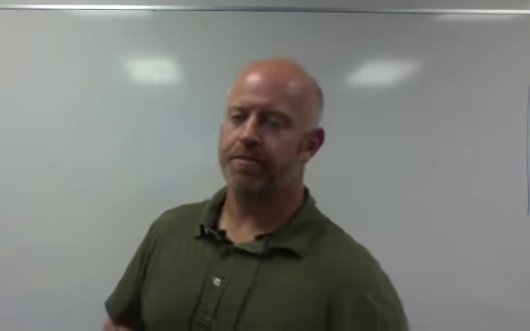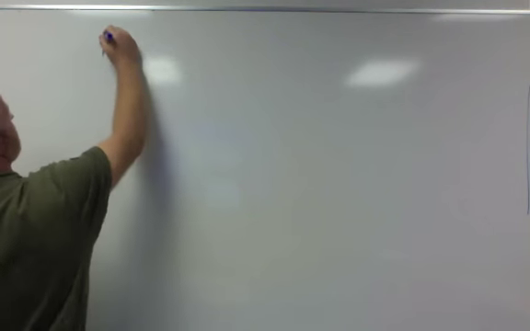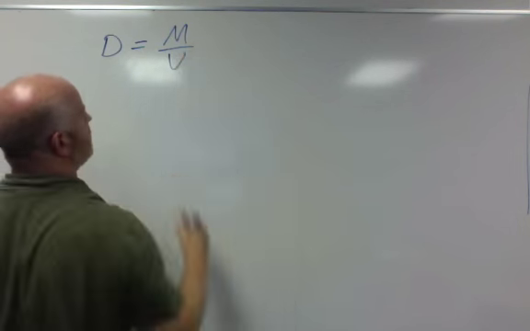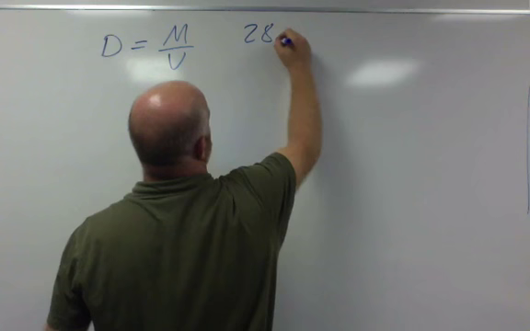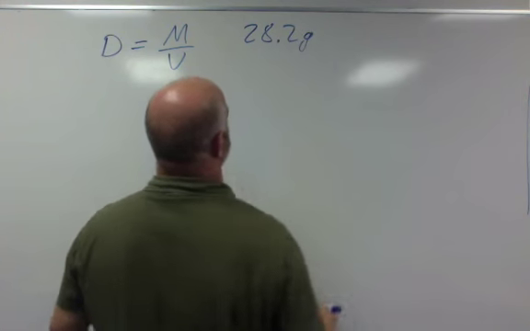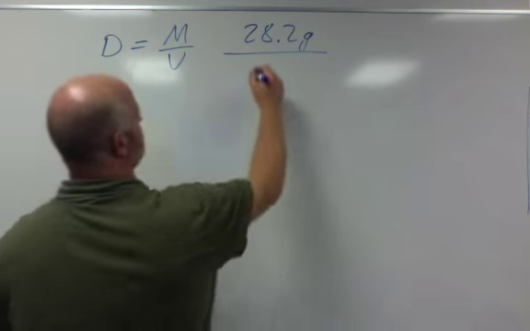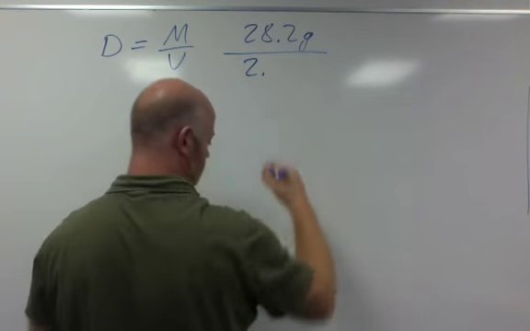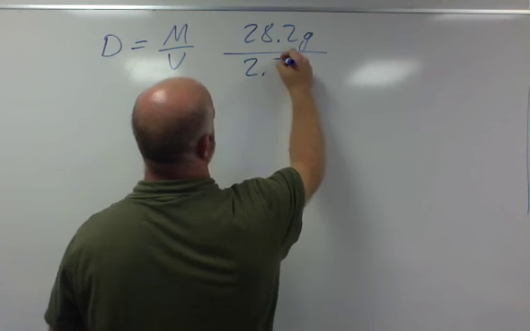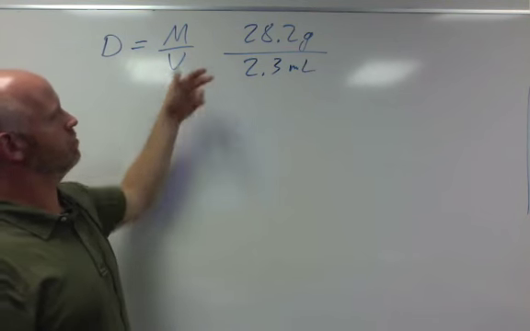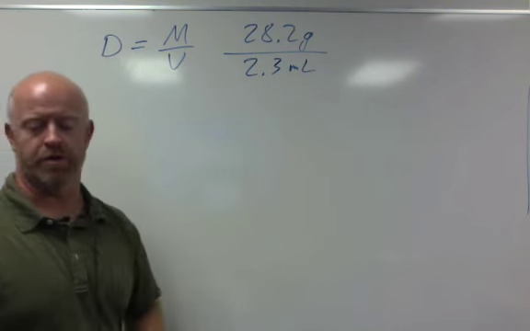Let's say I want to solve for a density, and we know density is mass divided by volume. Let's say I measure the mass of something to be 28.2 grams, and then I measure the volume of my object to be 2.3 milliliters. Those are 2 measured values.